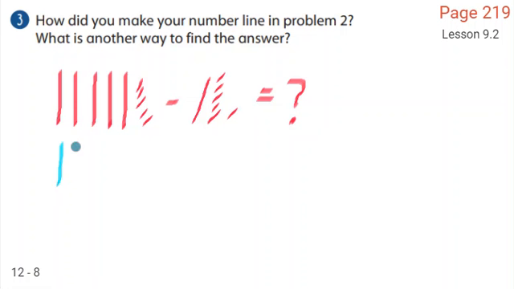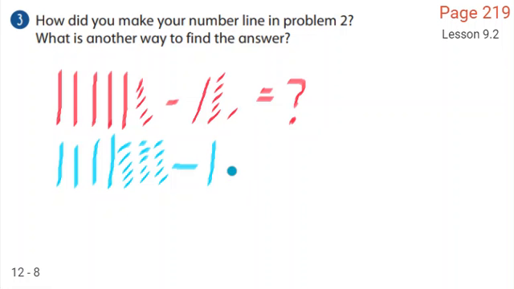1 10, 2 10's, 3 10's, 4 10's, and then this 5 10's. And I have to add in these other 5. 1, 2, 3, 4, 5, minus 1 10, or 16, which is 1 10 and then 6 1's: 1, 2, 3, 4, 5, 6.